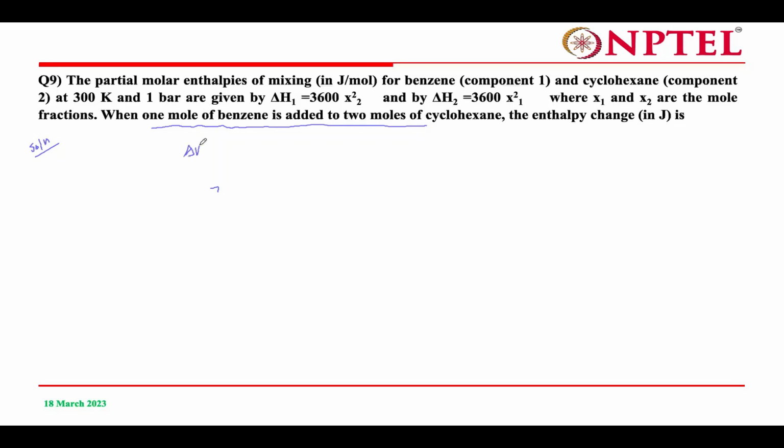So delta H mix equal to summation of xi delta Hi with bar, right? So I can write x1 delta H1 bar plus x2 delta H2 bar, right?